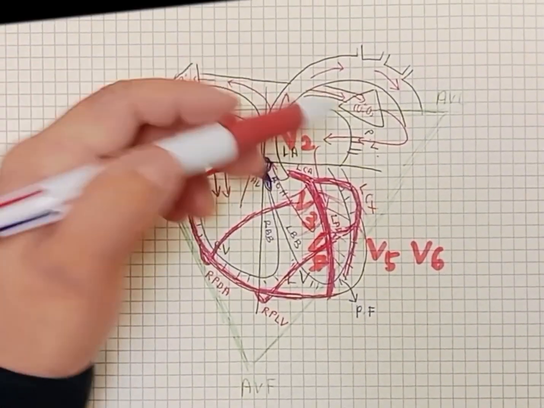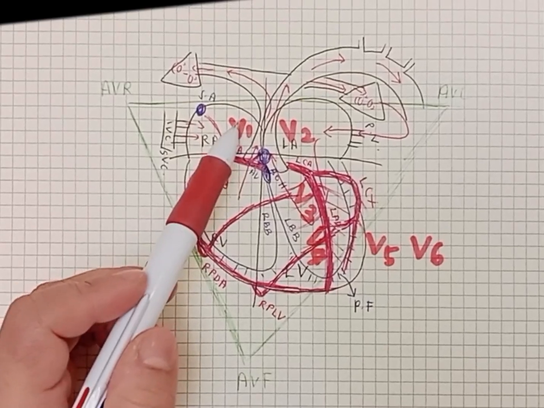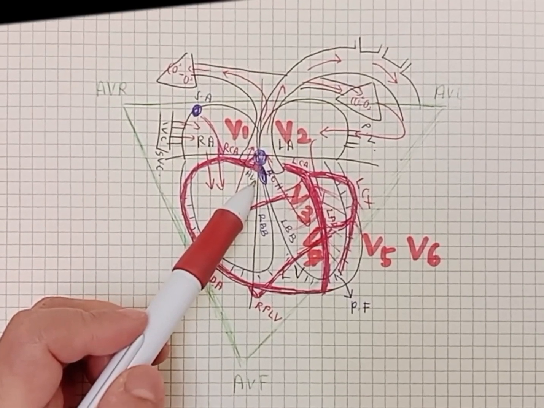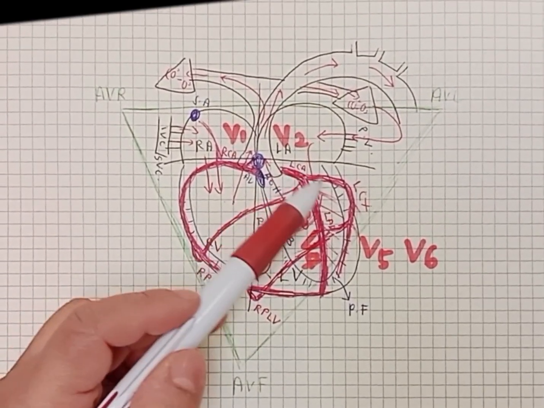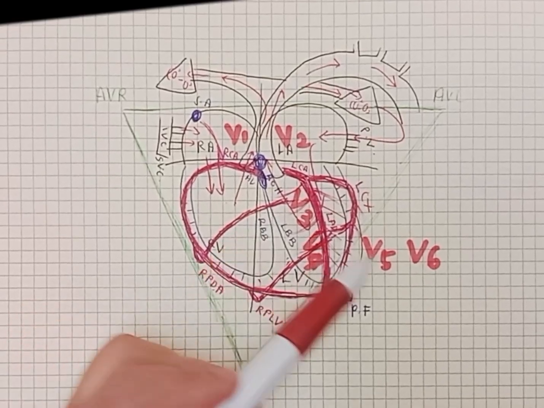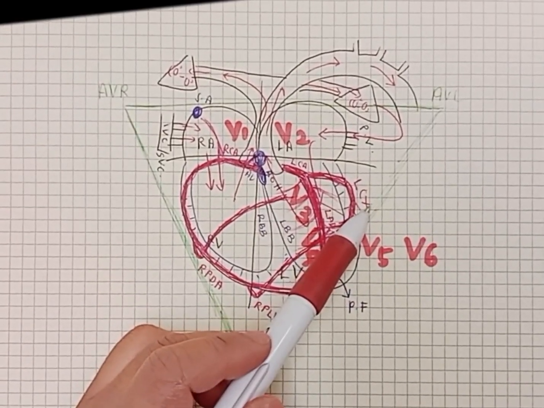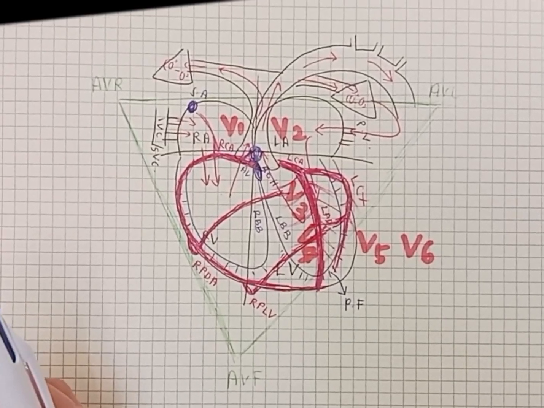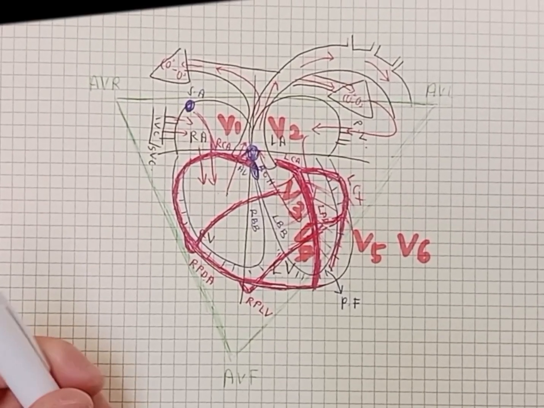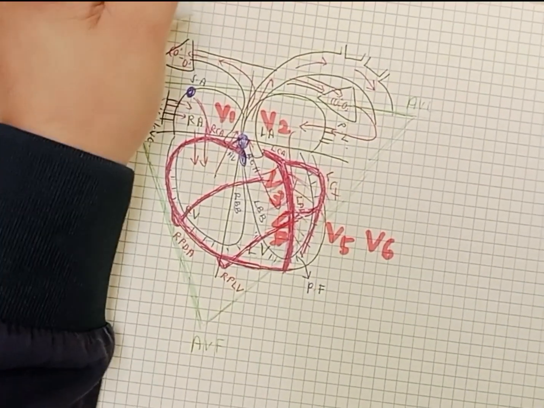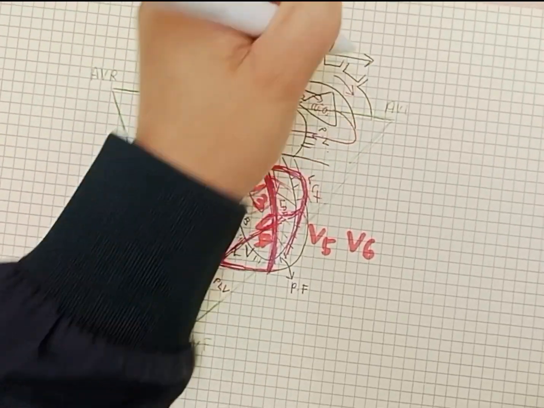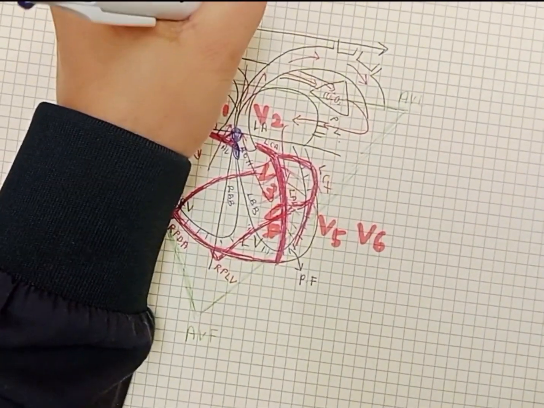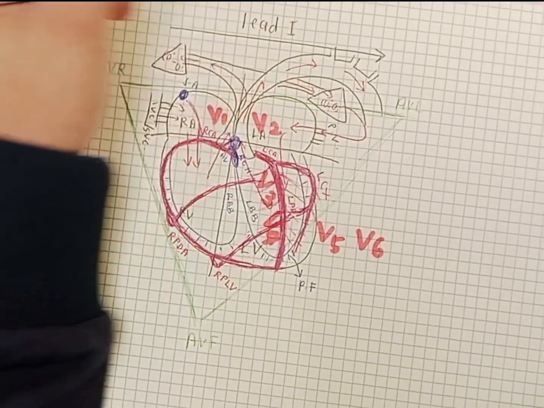This is aVR, aVL, aVF, V1, V2 divided by the septum, V3 and V4 is the anterior part of the left ventricle, V5, V6 to the lateral side of the heart. And we have 3 limb leads, which from the right arm go to the lateral side, the left arm, we call lead 1.